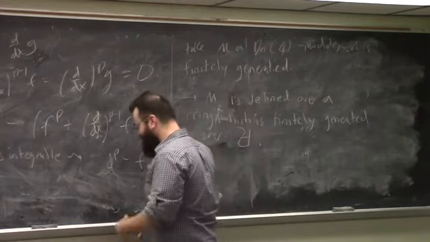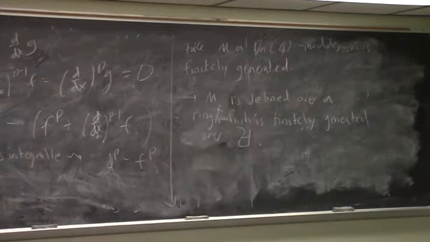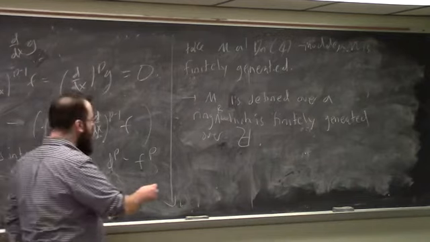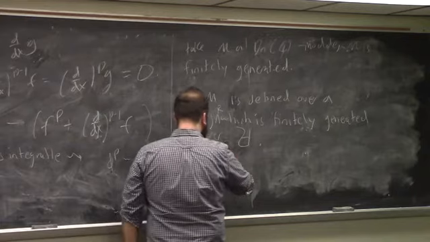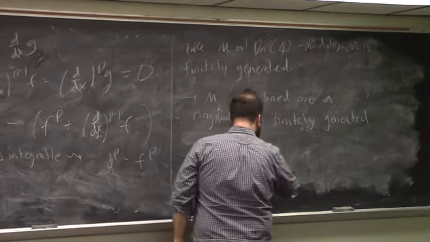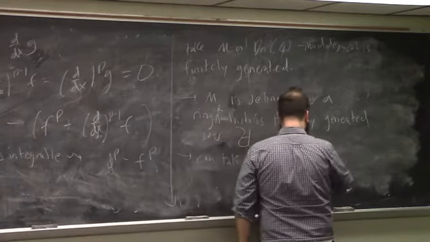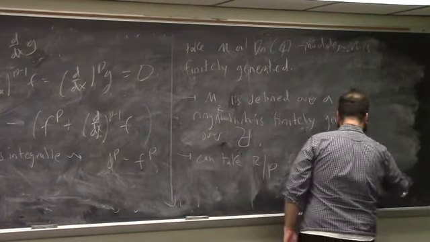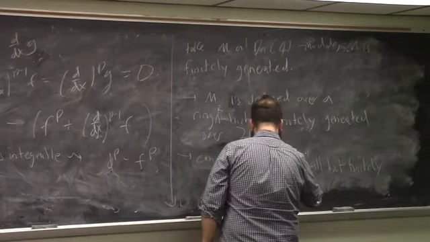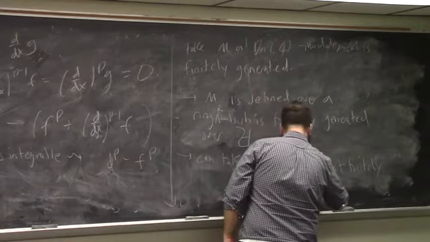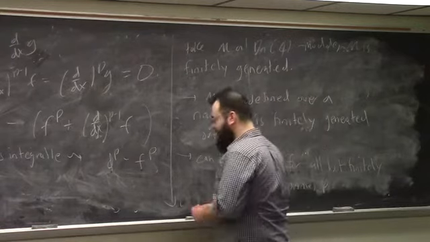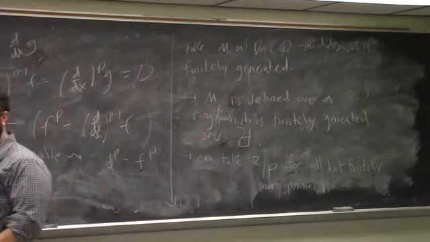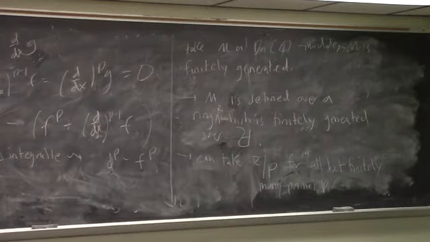Now since this R is finitely generated over Z, I can take the reduction mod P of R, so I can take R mod P for all but finitely many primes P. This R might involve some rational numbers like 1/2 or 1/3, but it only involves finitely many.